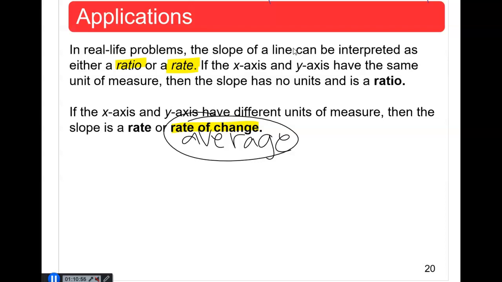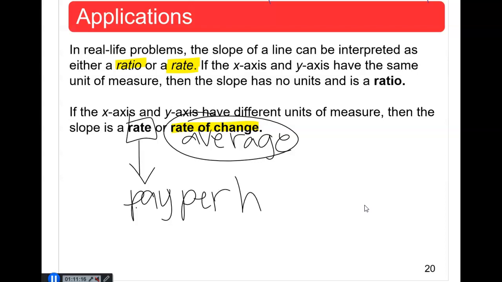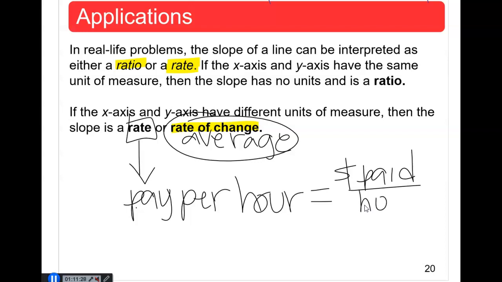So again, we're going to use the same formulas, and also consider that when we talk about rate, it could be something like, for example, the amount you get paid, your pay per hour. So in this case, as a slope, it will be the money paid divided by the number of hours that you work.